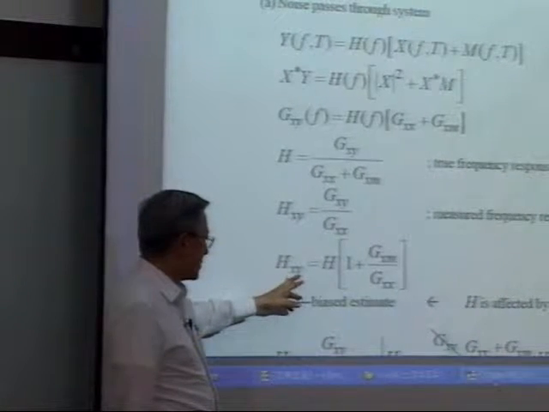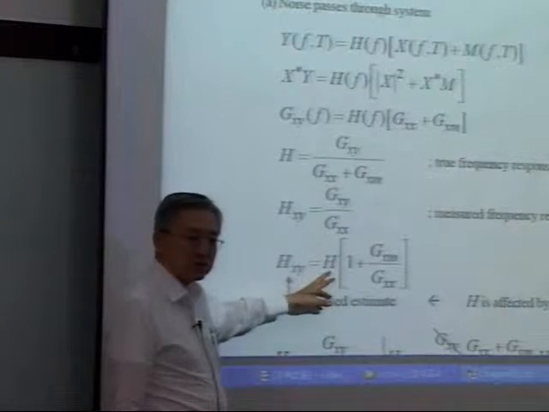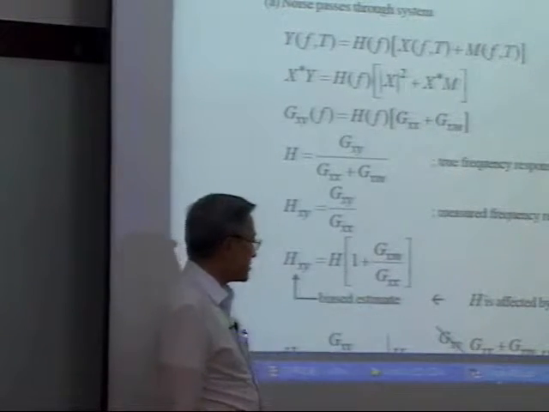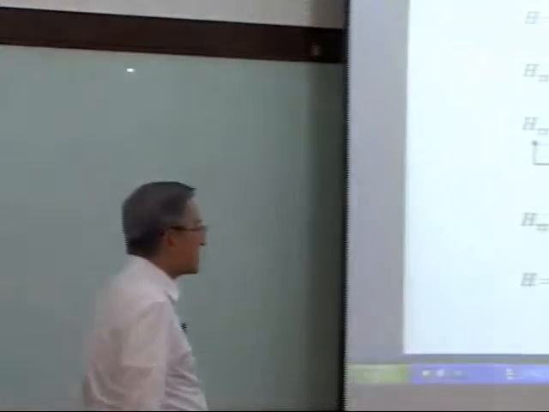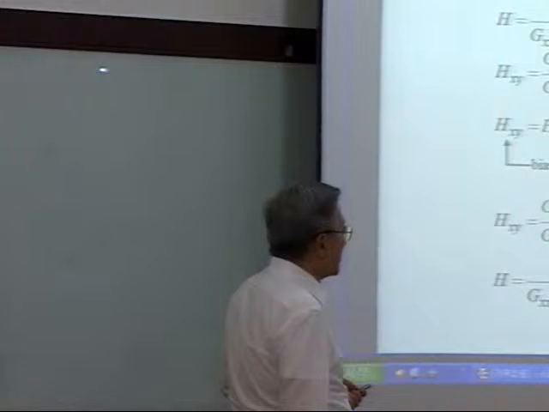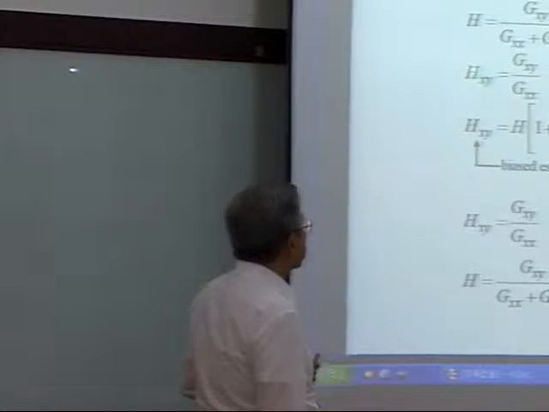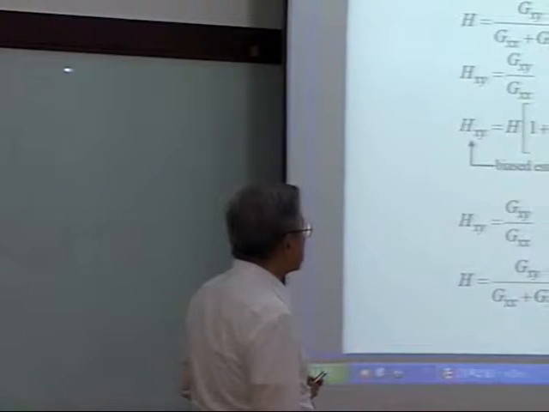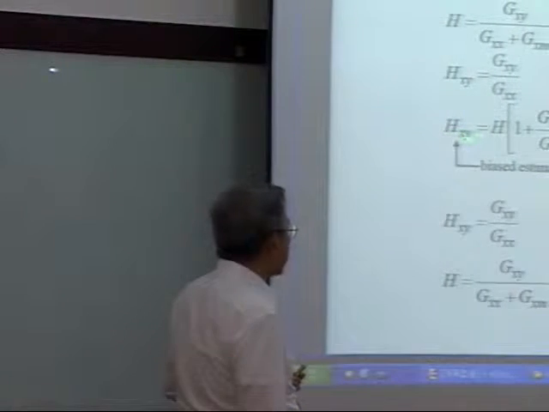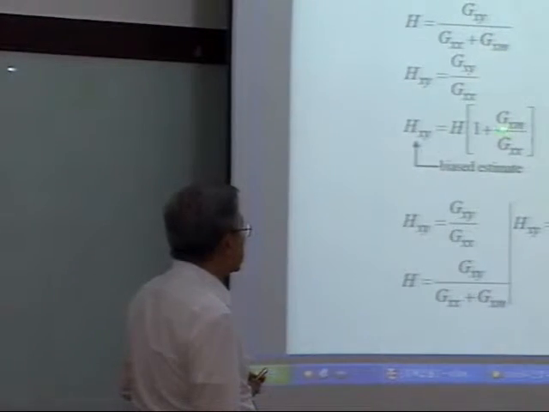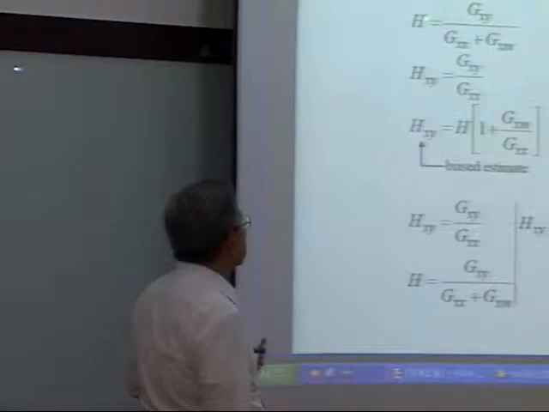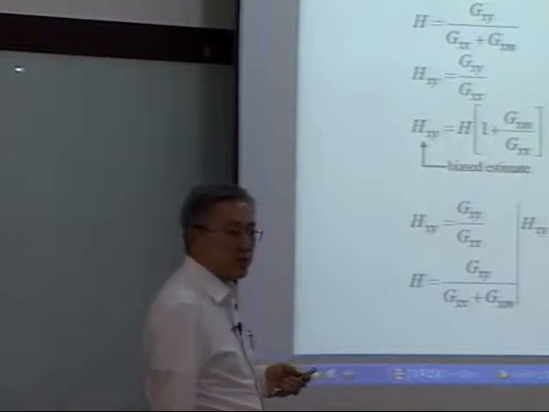Then HXY can be expressed as H times 1 plus GXM over GXX. So as I indicated as a reminder, H is affected, because HXY and H have relations, and HXY is affected by GXM, and H is affected by GXM.